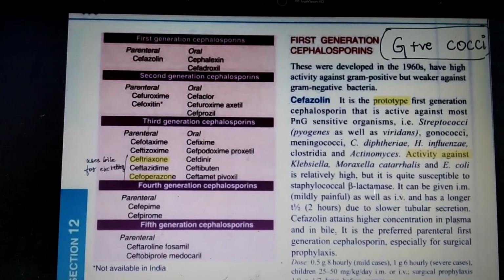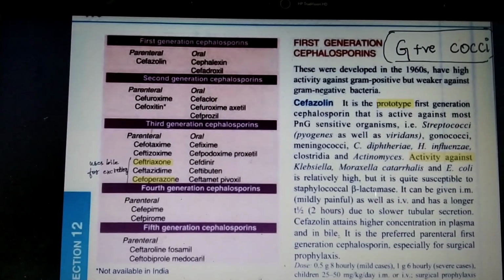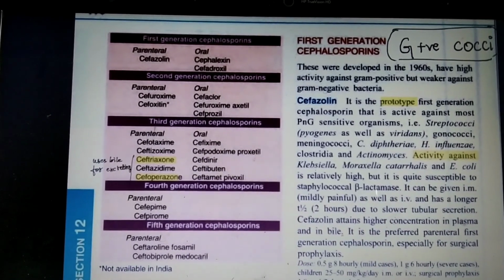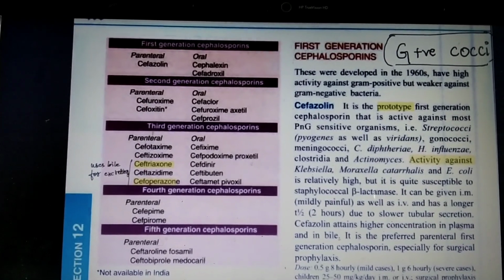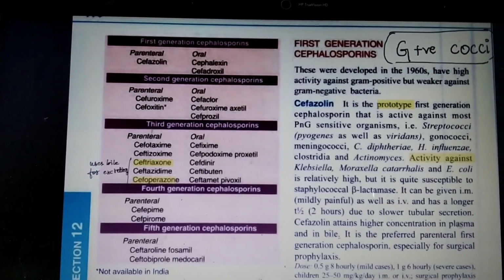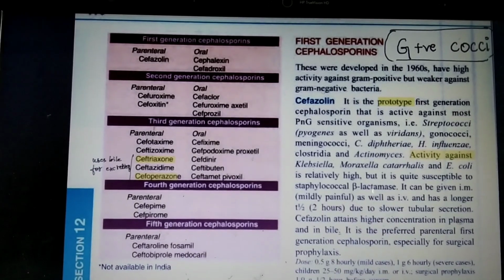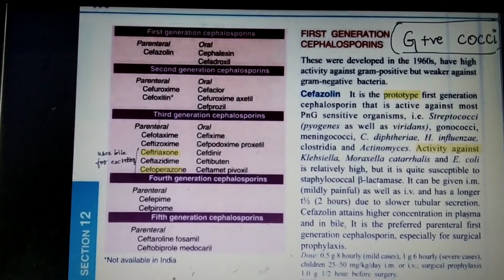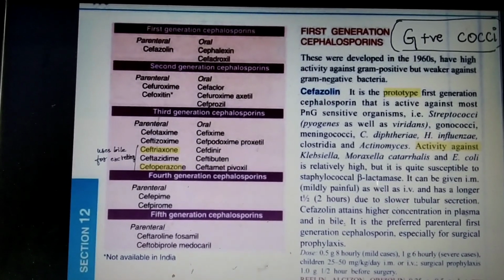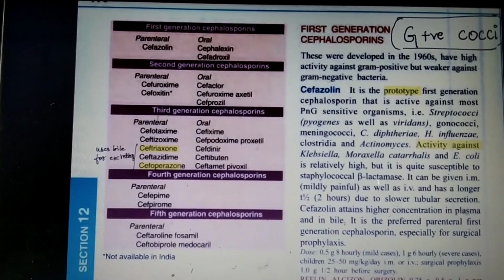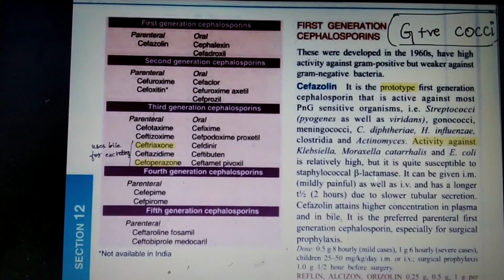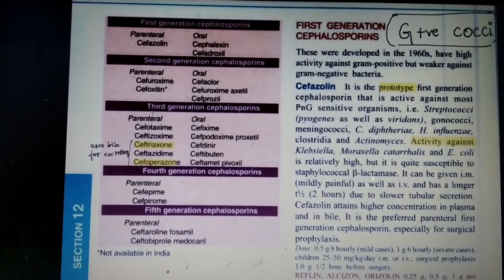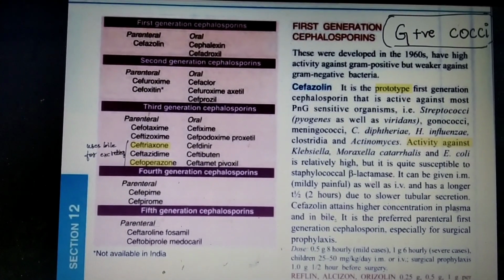The parenteral is cefazolin, oral is cephalexin. 2nd generation, parenteral is cefuroxime, cefoxitin, oral is cefaclor, cefprozil. 3rd generation cephalosporins, in that parenteral are cefotaxime, ceftriaxone, ceftazidime, cefoperazone. In oral, you can see cefixime, cefpodoxime, ceftibuten.